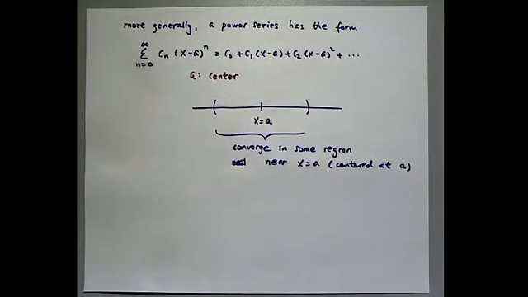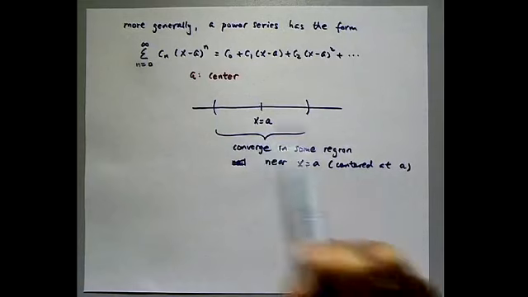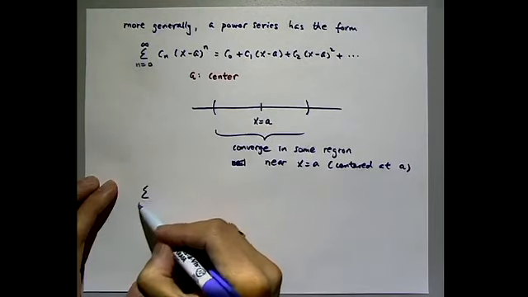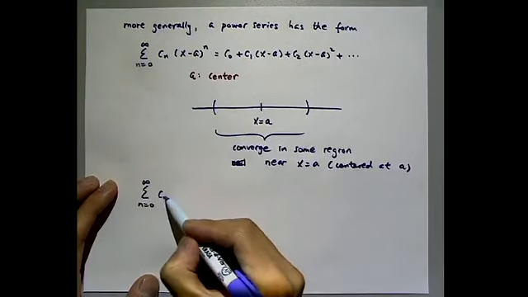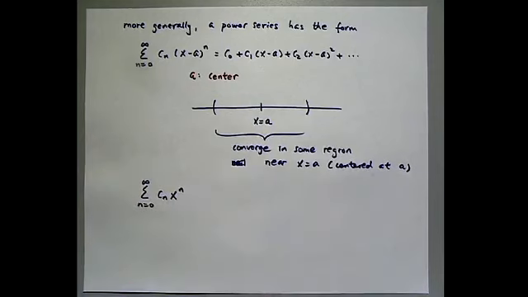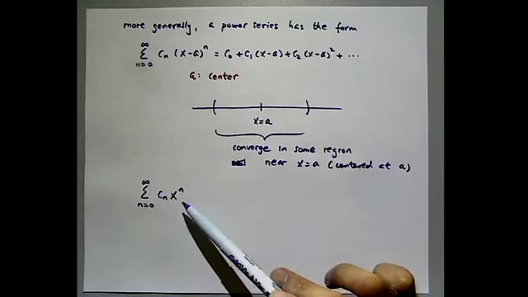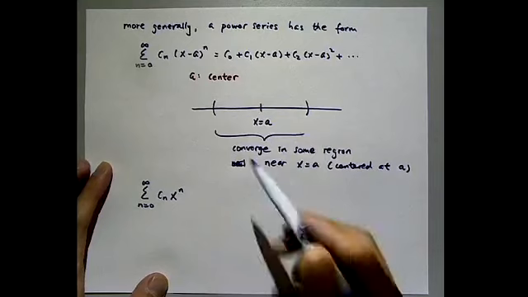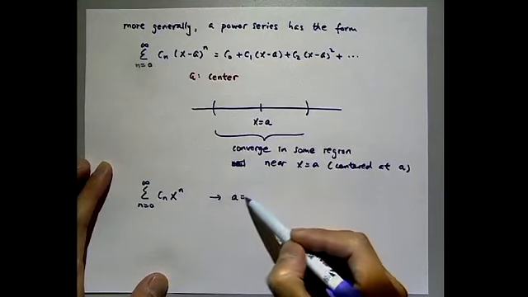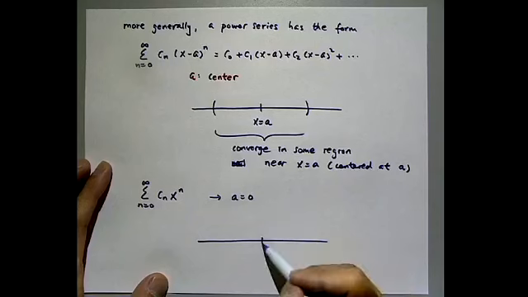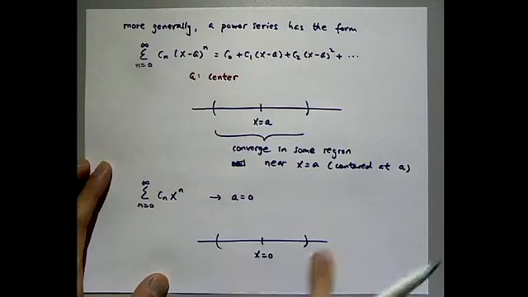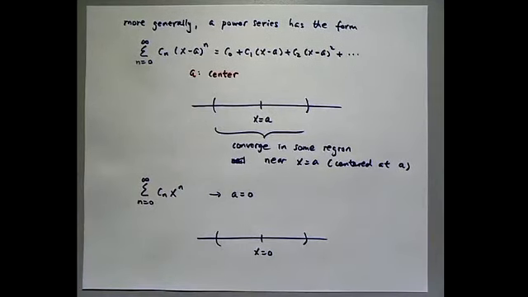And it's going to be symmetric. So this determines how far you can move from a for that series to converge. And for the one we looked at when we started today's lesson, without the a here, you're going to interpret that as a equal to 0. So the center would be at 0. And once again, you can hover near that 0 up to a certain distance for the series to converge.